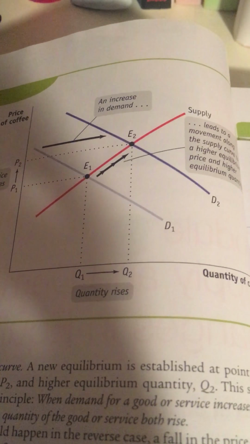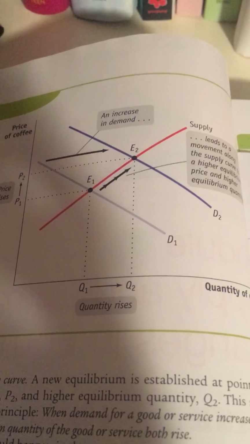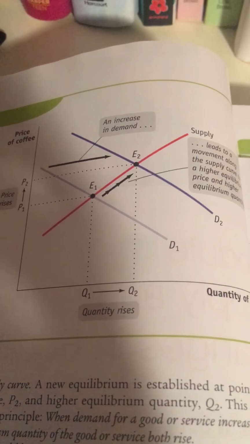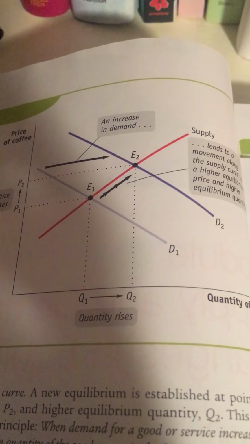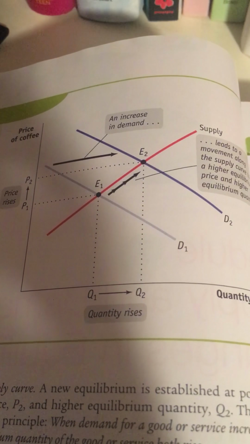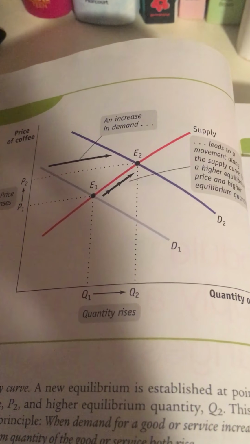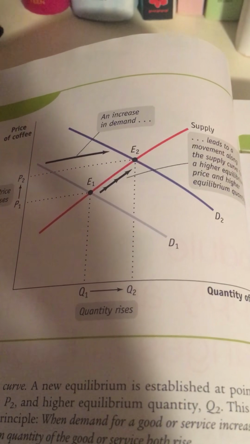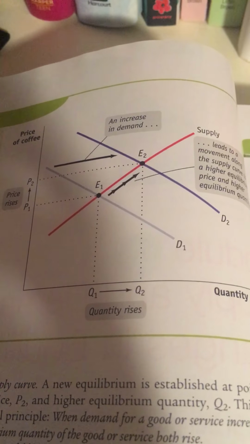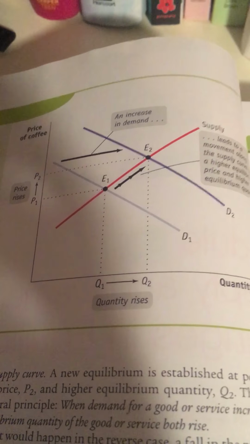A shortage occurs because the quantity demanded exceeds the quantity supplied. Therefore, the price rises and generates an increase in the quantity supplied, an upward movement along the supply curve, and a new equilibrium is now established.